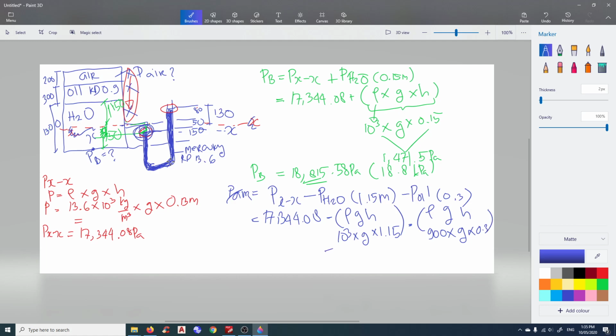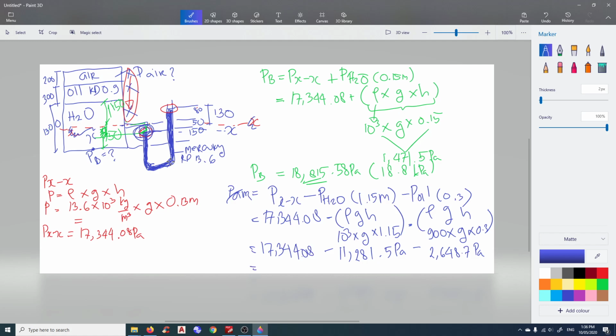So if we calculate that, water is 11,281.5 Pascal, oil is 2648.7 Pascal, and this is still the same, 17,344.08.